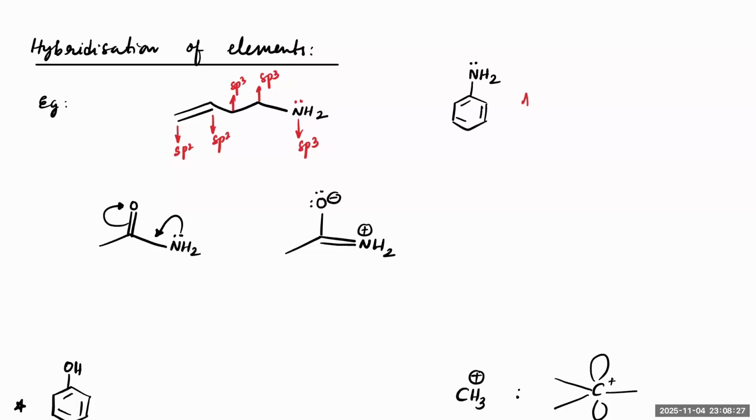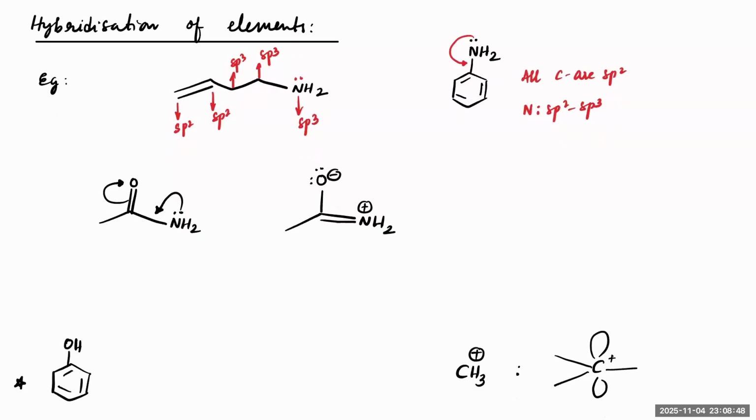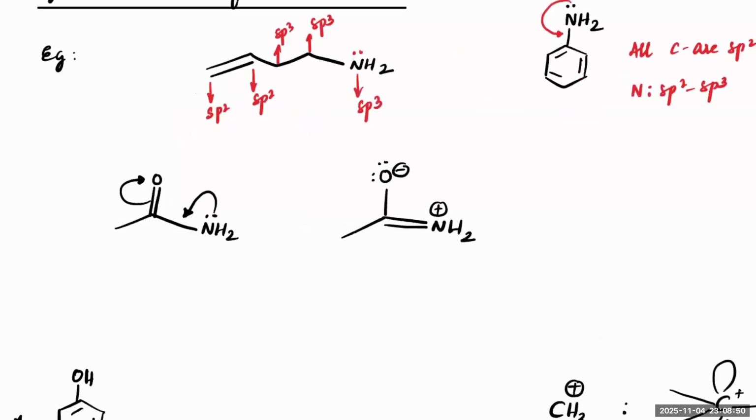Here you can see all carbons are sp2, and nitrogen is somewhere between sp2 and sp3. Why am I saying that? Because it will always give resonance stabilization by the movement of the lone pair. So the lone pair is not localized, it is not staying at its position.